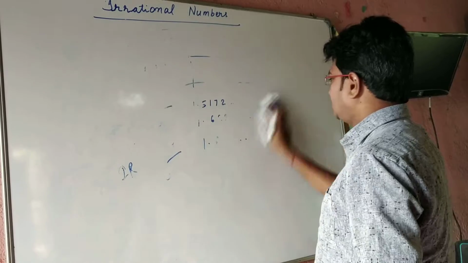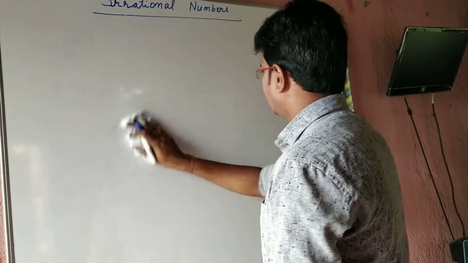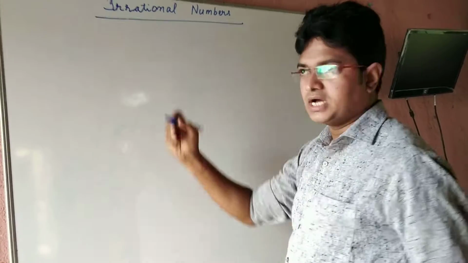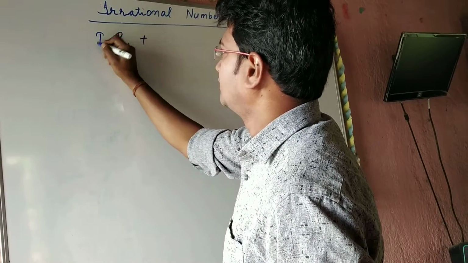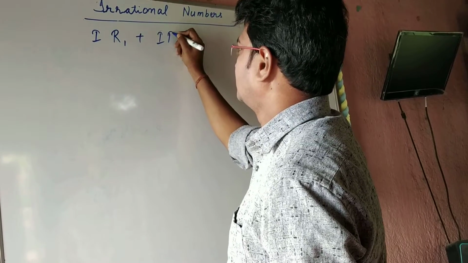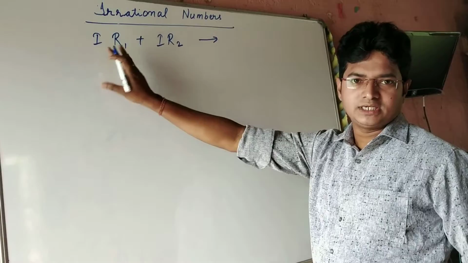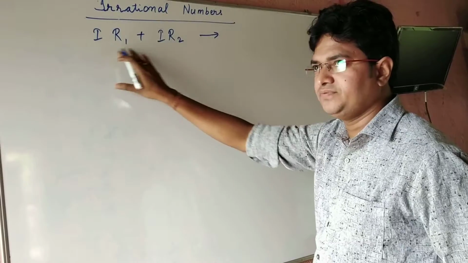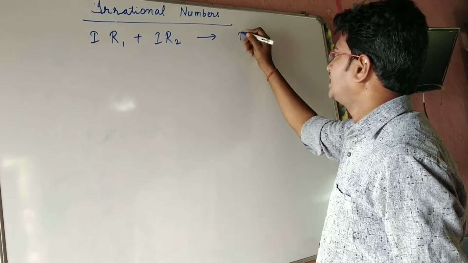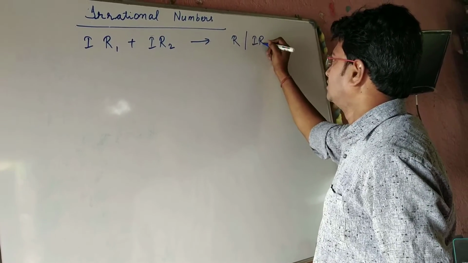Now certain operations are there which you should know. If you are asked to add two irrational numbers, IR1 first irrational number, IR2 second irrational number, both the irrational numbers, if you are adding, the answer can be rational or irrational.